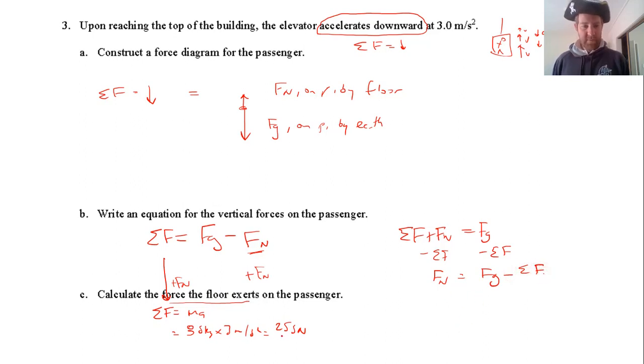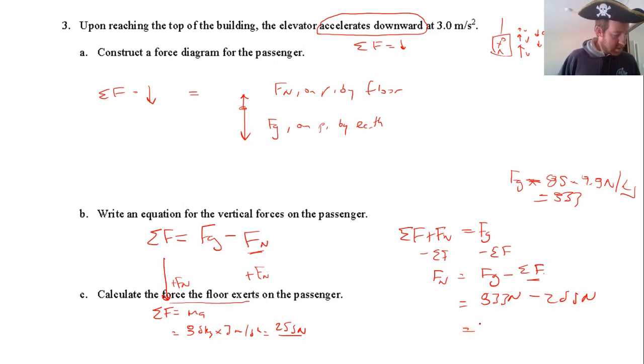So I've got my total force now, 255. My force of gravity hasn't changed. It was 85 times 9.8 newtons a kg, which was 833. So 833 newtons minus 255 newtons, and that is 578 newtons.